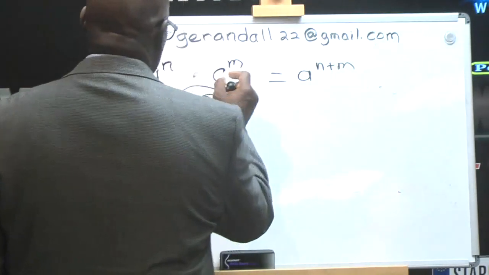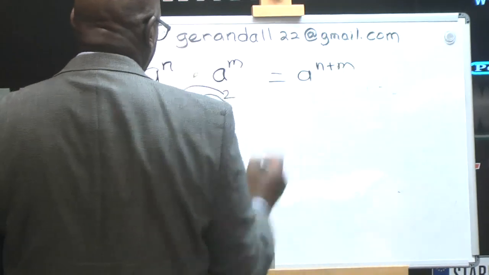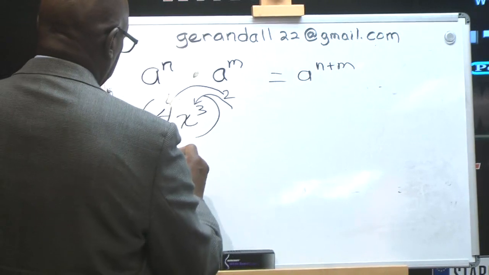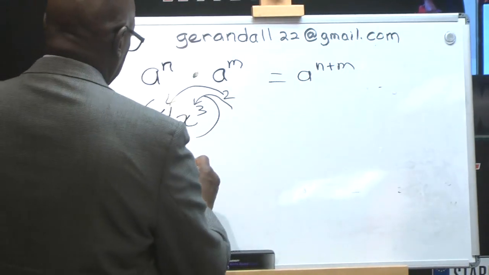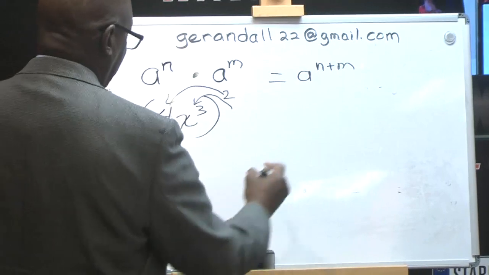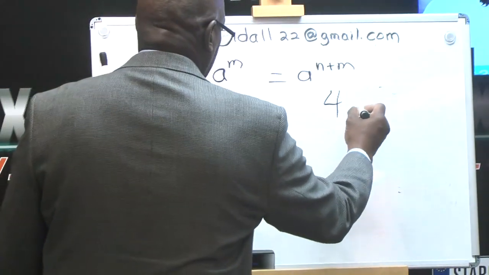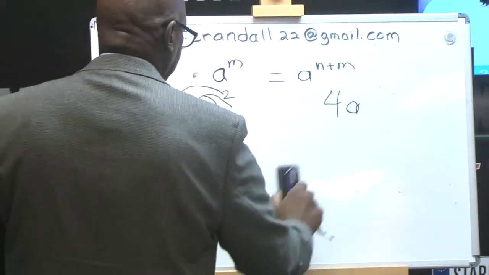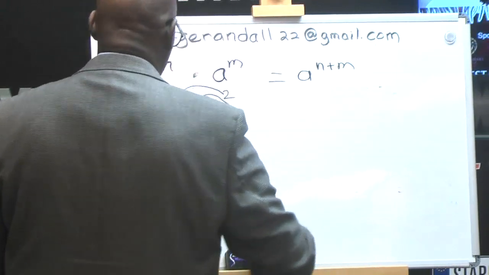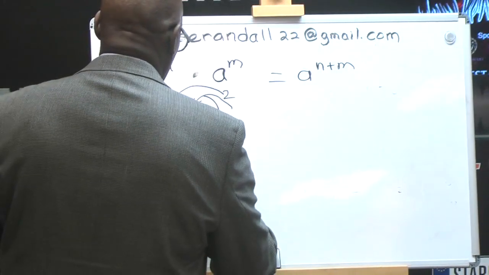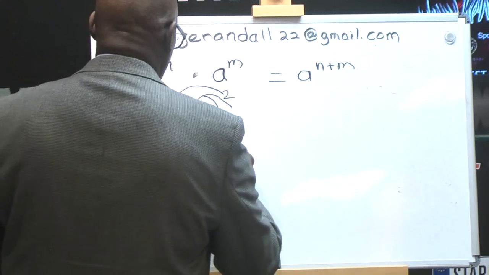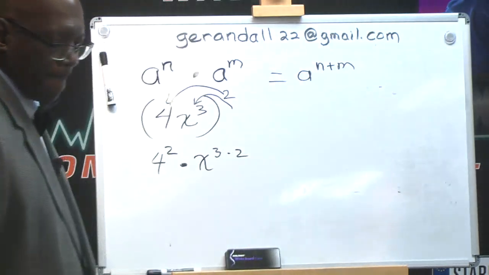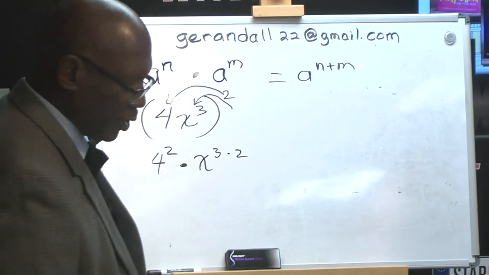And in the first concept, remember, we added. So, let's separate. We got 4 squared times x cubed to the second. Whenever we write a numeric next to an alpha, that means 4 times x, okay?